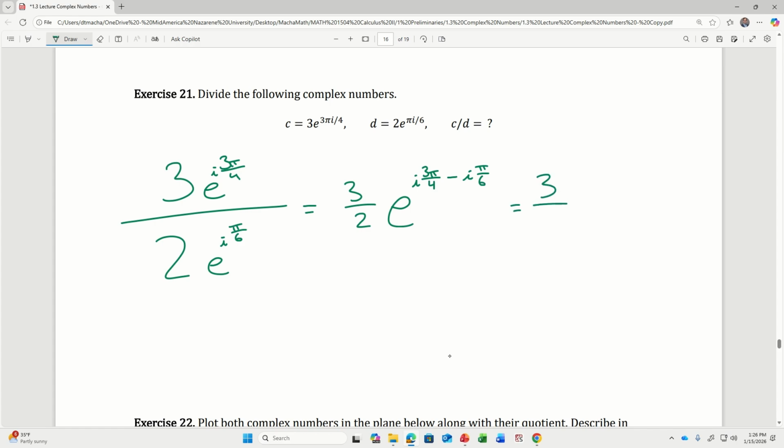So in the end, I'm going to get 3 halves e raised to the power 9/12 minus 2/12, which would be 7 pi over 12. And again, I'm going to skip the plotting part, but notice to get the new absolute value, you divide, but to get the new angle or the new argument, you subtract the arguments when you divide complex numbers in polar form.